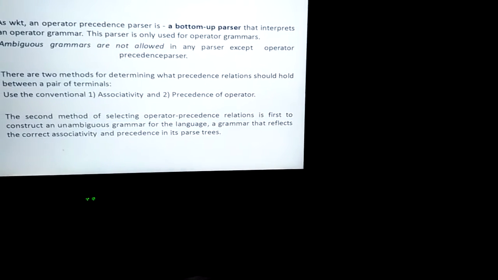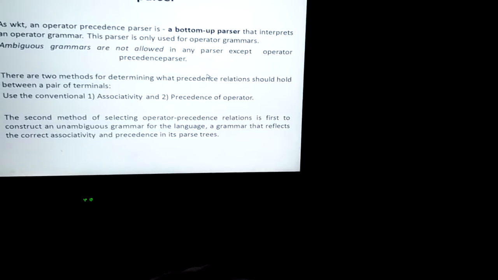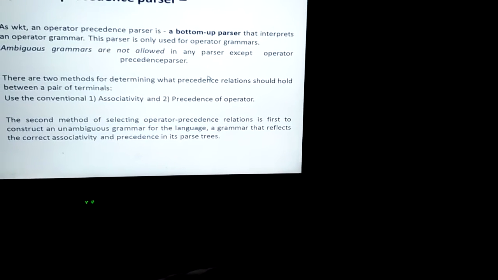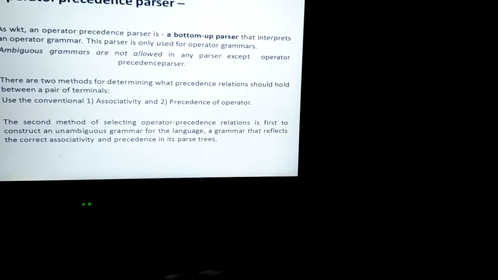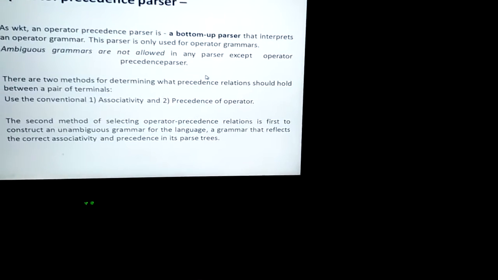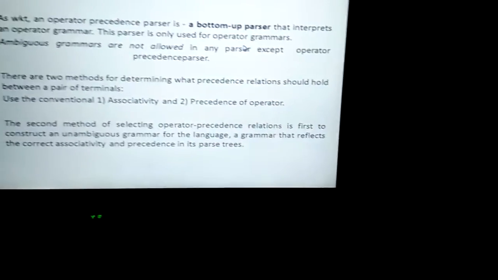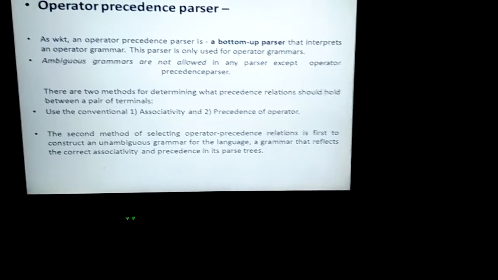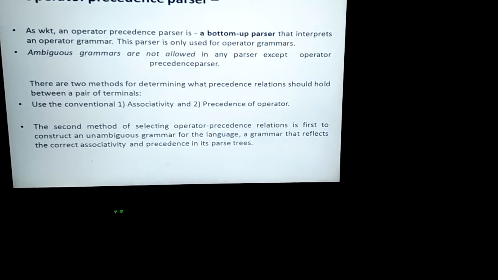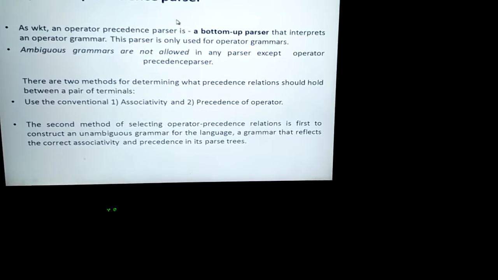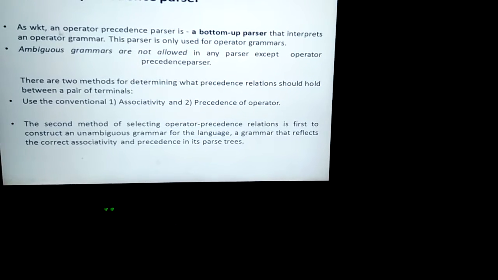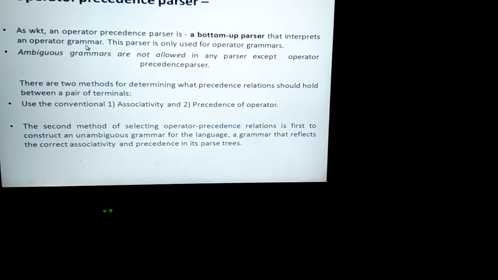In the first slide I showed you what an operator precedence parser is, and now we know it is a bottom-up parser that interprets an operator grammar.